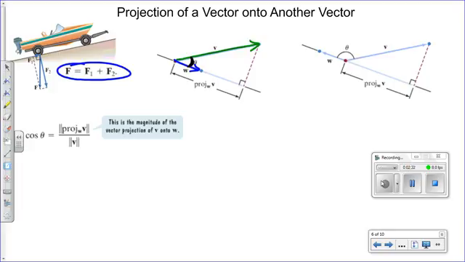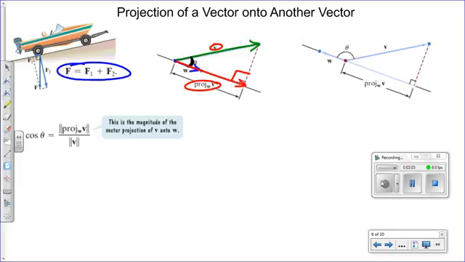Now the projection of vector V onto W means that we want to make a vector that will be perpendicular with the other, and that one is going to become this long vector here. What we see now is that that projection is perpendicular with vector V.